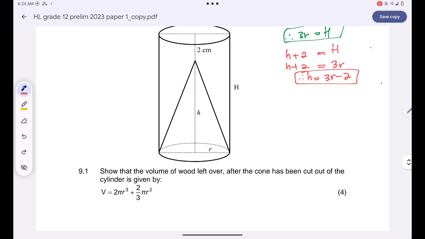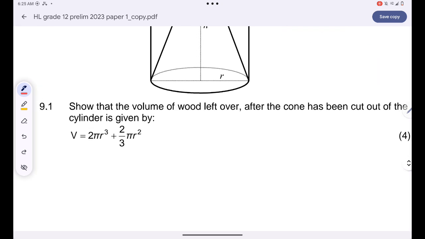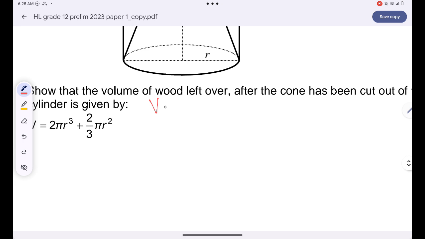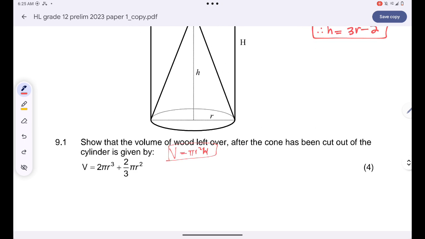Okay, we are supposed to show that the volume of the wood left over after the cone has been cut out of the cylinder is given by that expression. Remember that the entire volume of the cylinder is pi r squared h. However, this volume will be decreased.